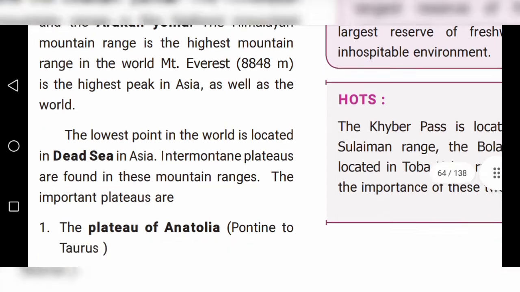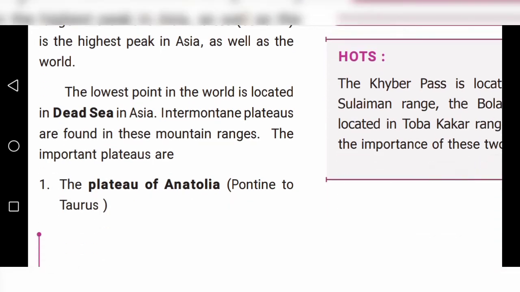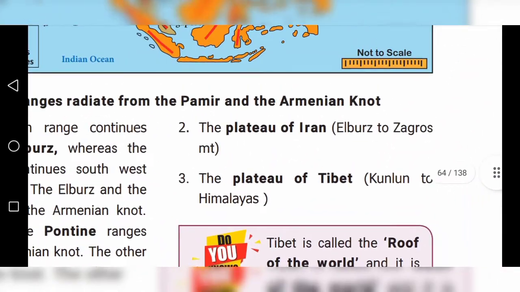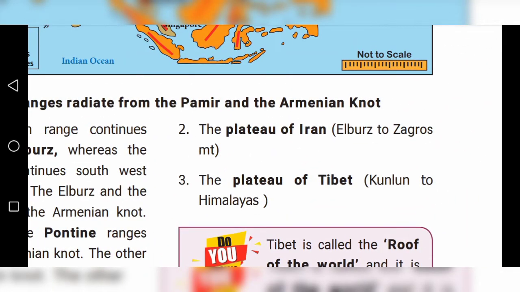Okay, and the important plateaus are also present in the continent of Asia, that is the plateau of Anatolia, the plateau of Iran, third one the plateau of Tibet. Plateau means nothing but, children, on the mountain ranges there is a plain region, a flat region.